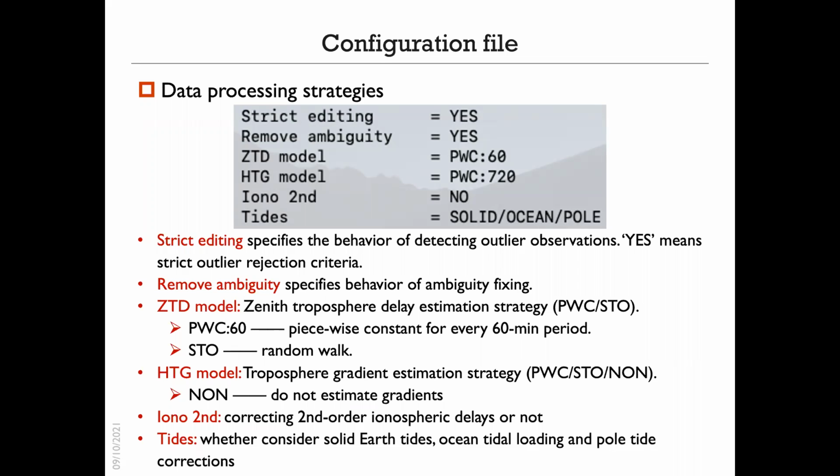And then the final one is tides. Tides means the solid earth tides, ocean tidal loading, and the pole tide. These are 3 tide corrections recommended by IGS. A 4th one is the atmosphere pressure loading. The atmosphere pressure loading needs some correction tables from some specific institutions.